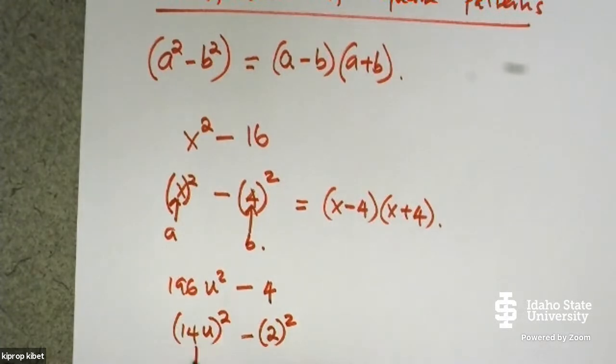So the whole 14u is our a, and 2 is our b. Therefore, this is equal to 14u minus 2 times 14u plus 2.